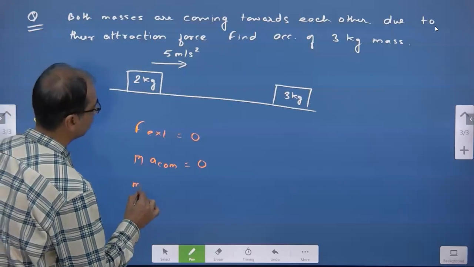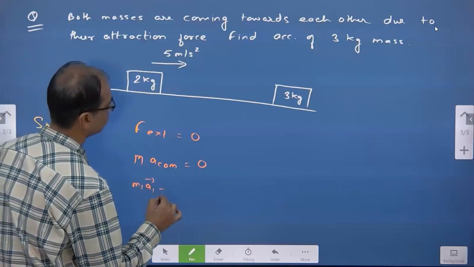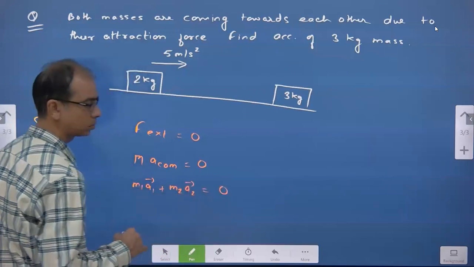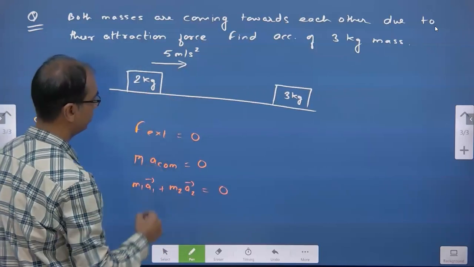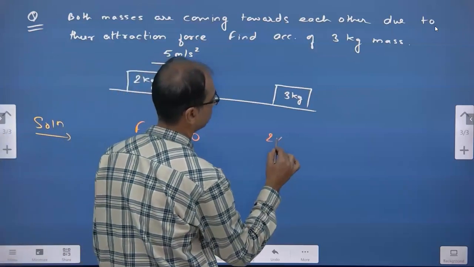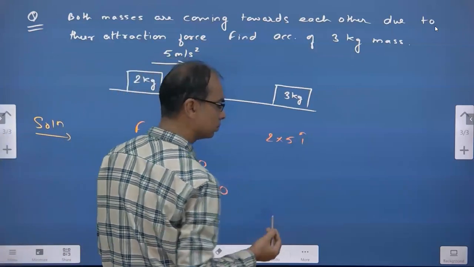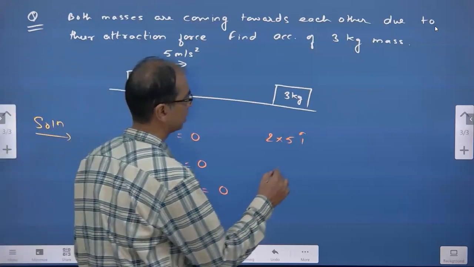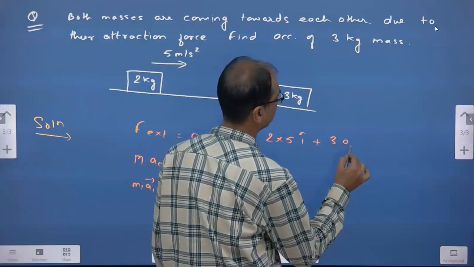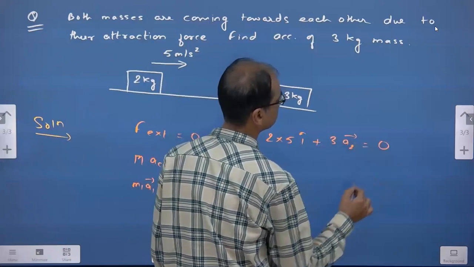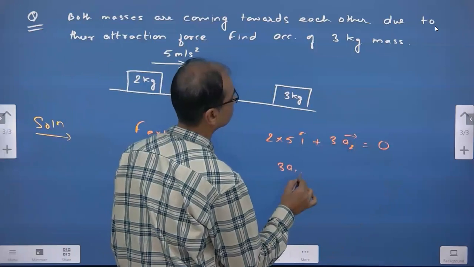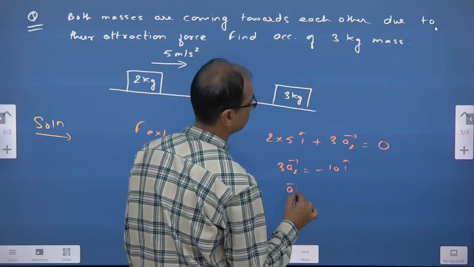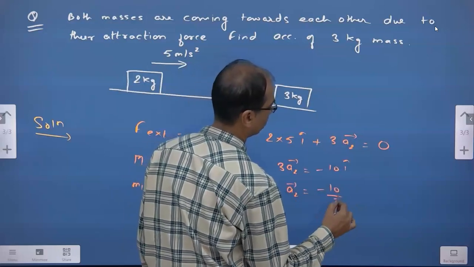This is M1A1 plus M2A2 equal to 0. M1A1 means 2 into 5, so 2 into 5 i cap. Put it in vectors, there is no problem. Now plus 3 into A2 equal to 0. So 3A2 equals minus 10 i cap. So A2 is minus 10 by 3 i cap.